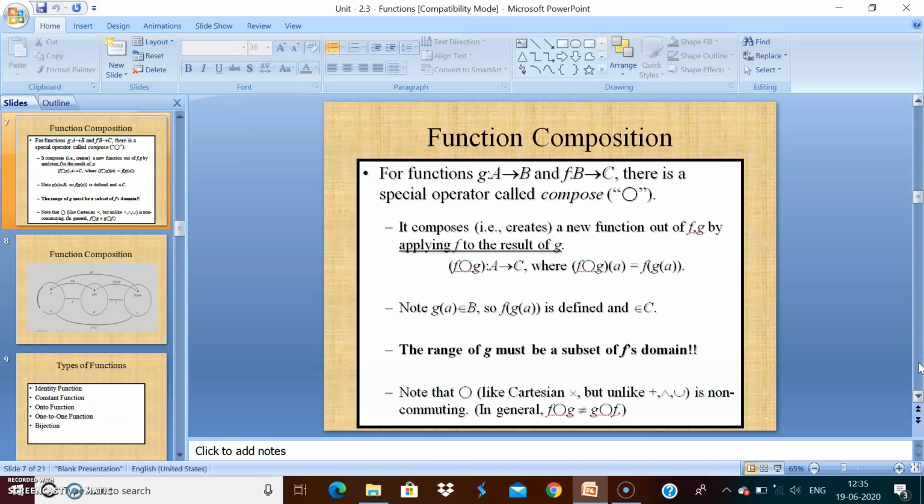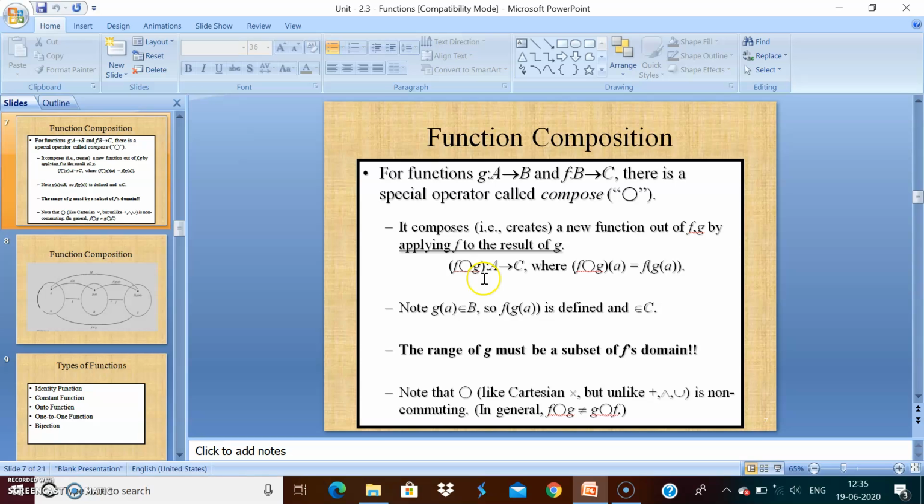Next is the composition of functions. Composition means two different functions, g from A to B and f from B to C. The composite function is denoted by f circle g.